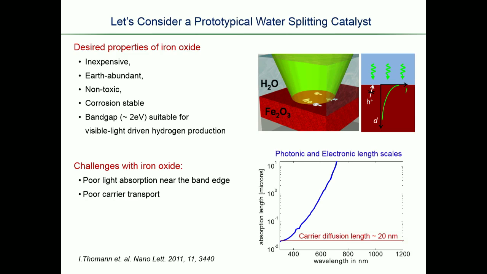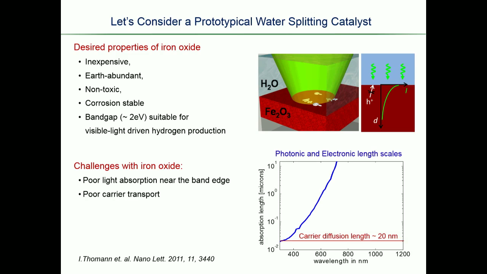But this is challenging because the light that comes in, green, exponentially decays into the material, and the absorption depth of light in iron oxide is very long, typically microns above the band gap, whereas the diffusion length of the hole is just 10 nanometers.